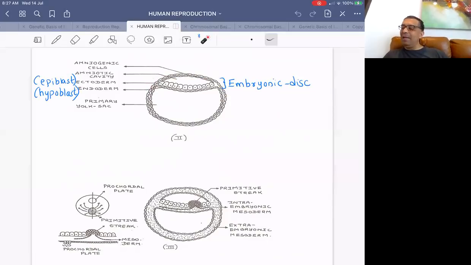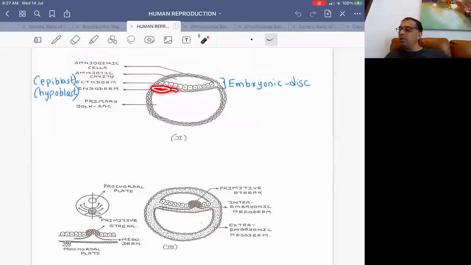A cavity forms, the amniotic cavity, which will be filled with amniotic fluid, surround the future fetus. Shock absorption. Trophoblast cells undergo cell division once to form amniogenic cells, which form the roof of the amniotic cavity.